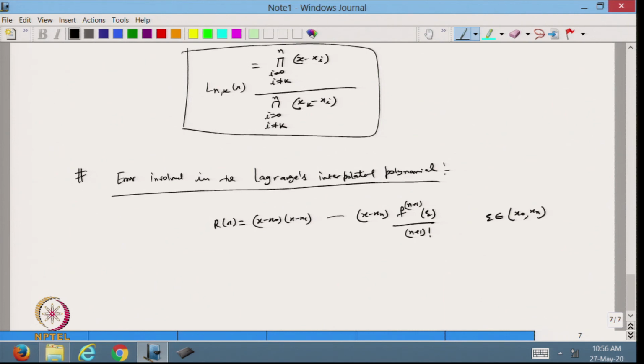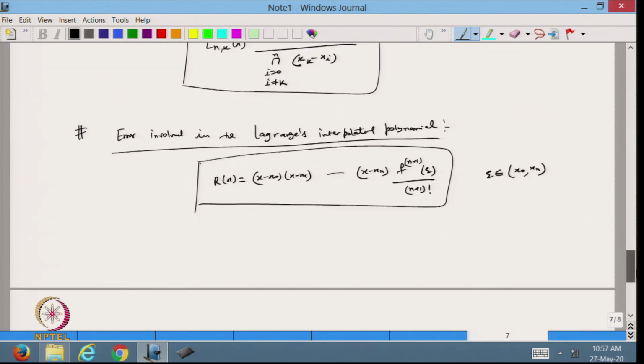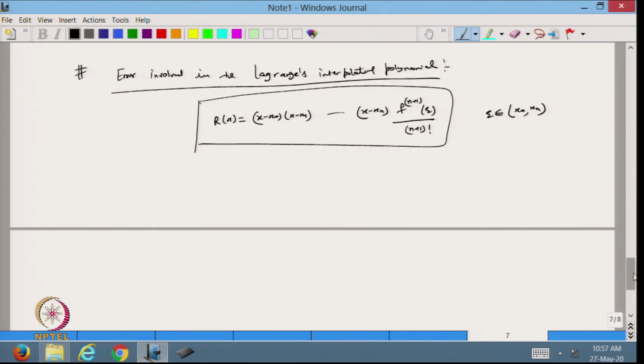So in this case also, if I know the function, I take its (n+1)th derivative, and then there is some xi in between such that this value is given to me. So that is the error we can find, and if I take the maximum value of this, then this is the maximum error involved. Okay, so this is the way we can find the error involved in the Lagrange interpolating polynomial.